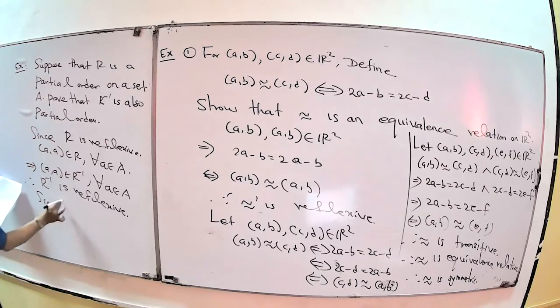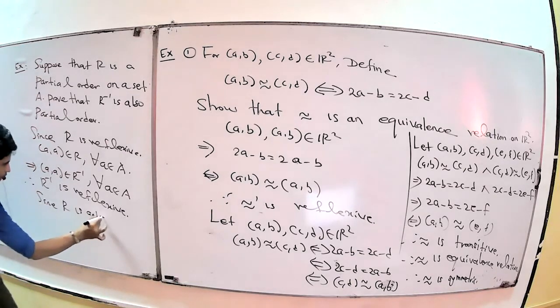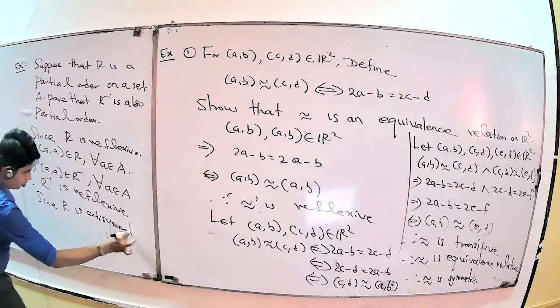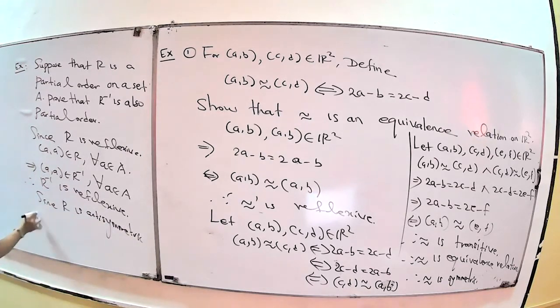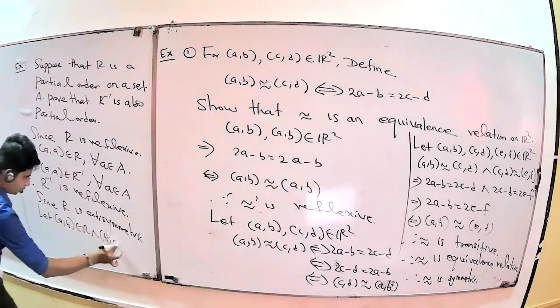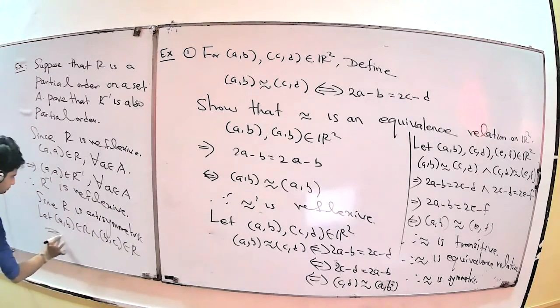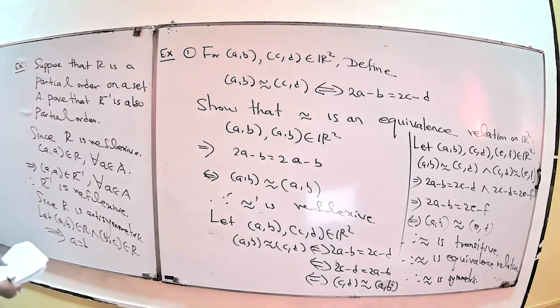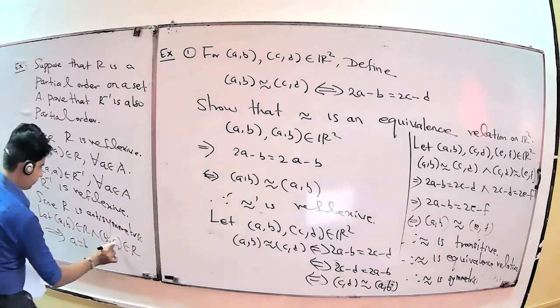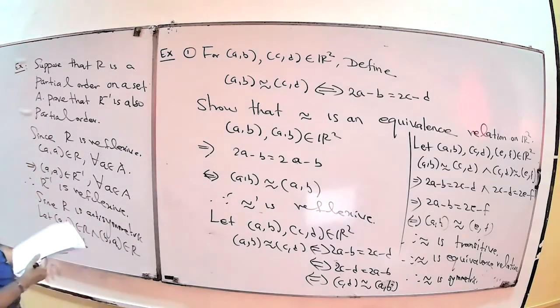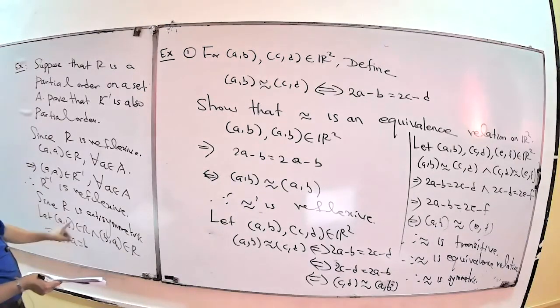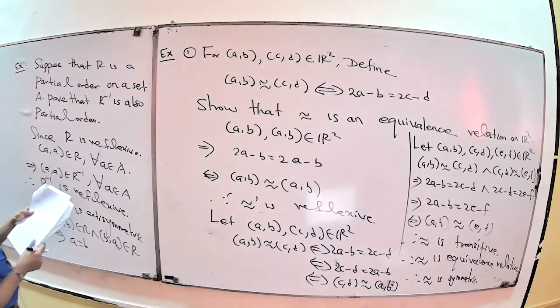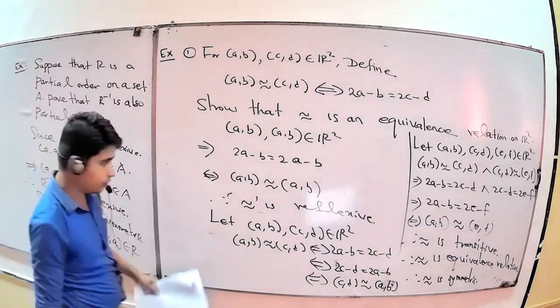Since R is antisymmetric, that means if (a, b) belongs to R and (b, a) belongs to R, then a equals b. Now you want to show that a equals b for the R inverse case also.